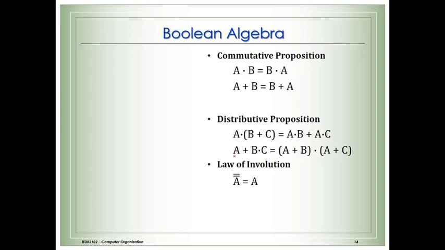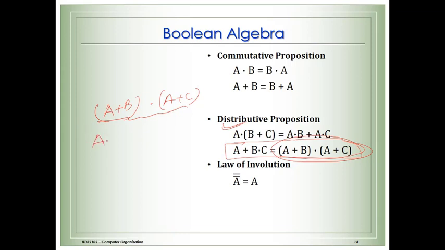Then here we have A or (B and C). It can be written as (A or B) and (A or C). Maybe it looks a little unusual, so let's see how it can be done. We take this one, (A or B) and (A + C), and simplify it so that we can get this value. Let's use this identity.